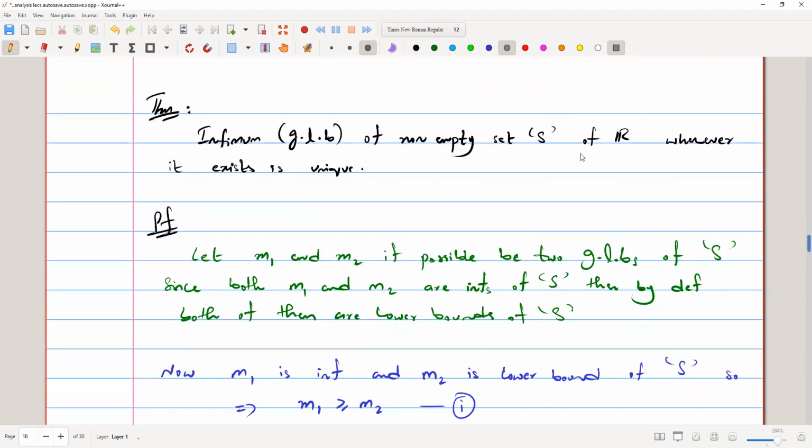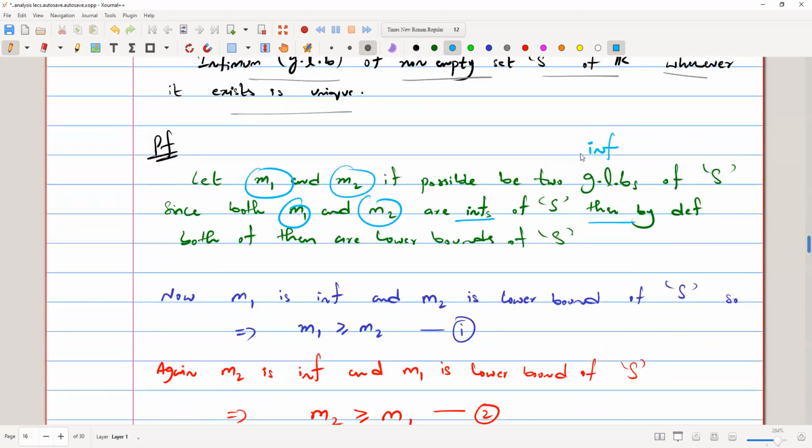And again, for the infimum, the same argument applies: if the infimum of a set exists, then it's unique. We take M1 and M2 as two possible greatest lower bounds of the set, that is, infimums of S. Since both are infimums, they are also lower bounds of the set.